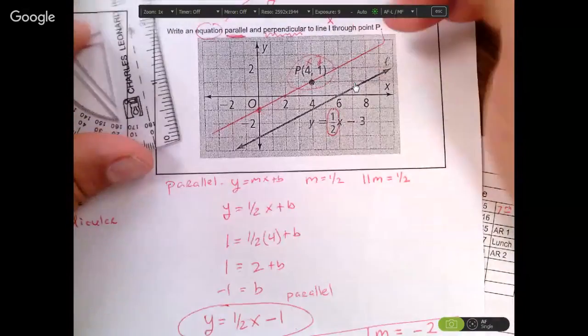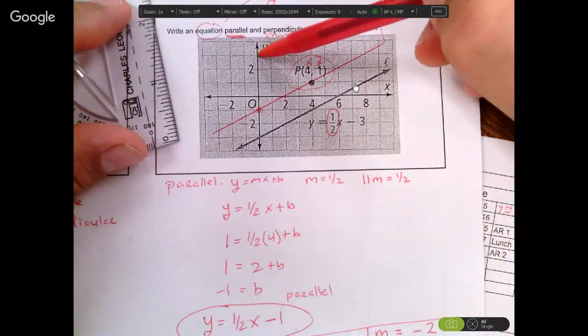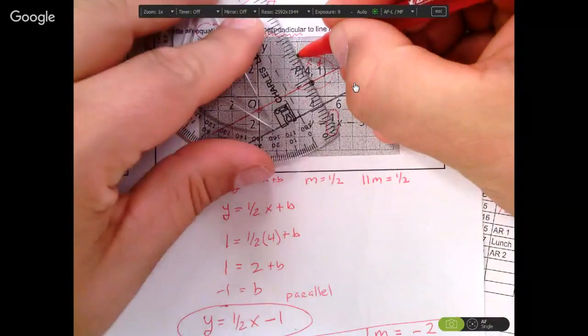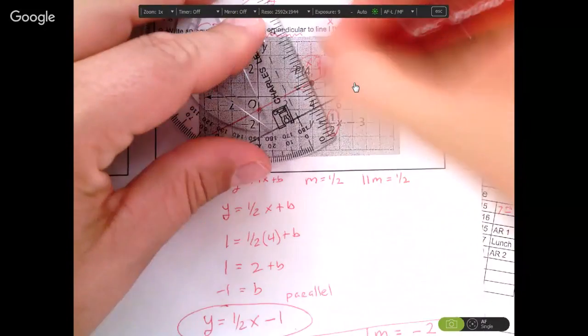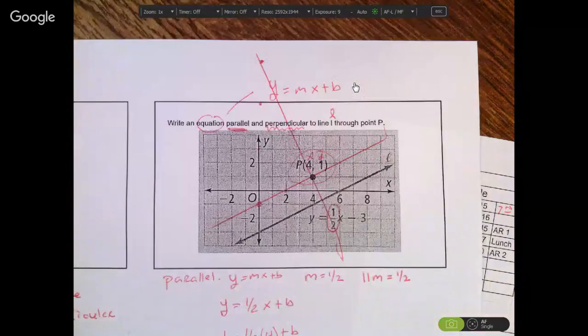Down 2 over 1. If I give you enough paper, it would look like that for a bigger graph. And that does look perpendicular to me.